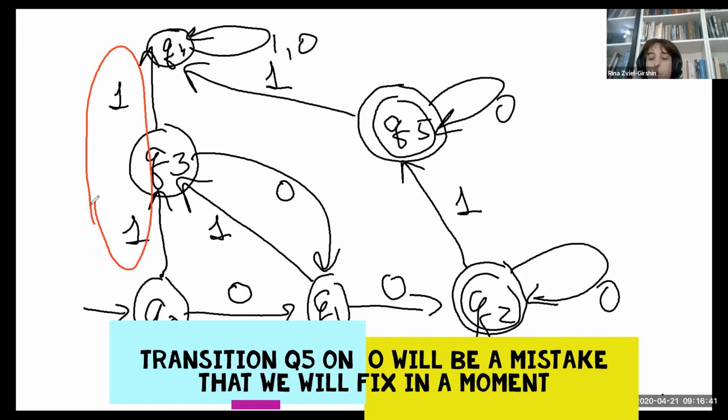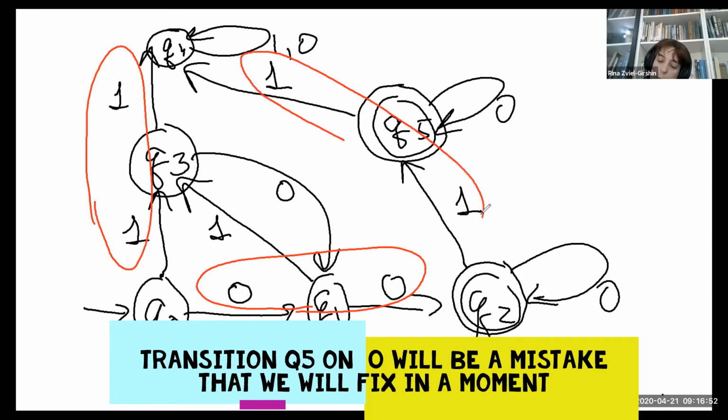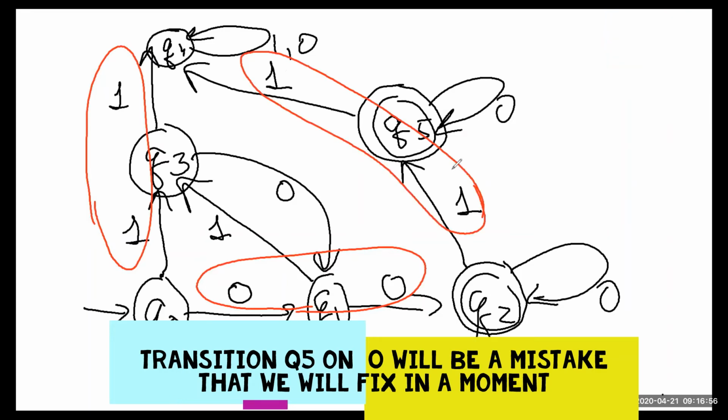If I found 11, I went to the trap state. If I found 00, I still had to continue, because if I found 11 once again, I once again moved to the trap state.